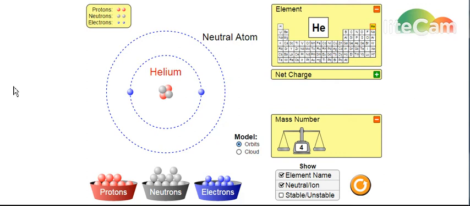The last part is to draw what we built on our paper. So, turn to your paper and let's draw it. This is helium, so it has 2 protons. It has a mass of 4, so it also needs to have 2 neutrons.